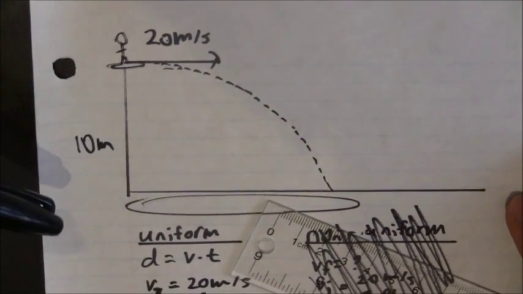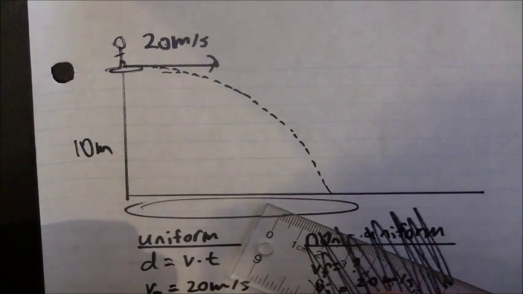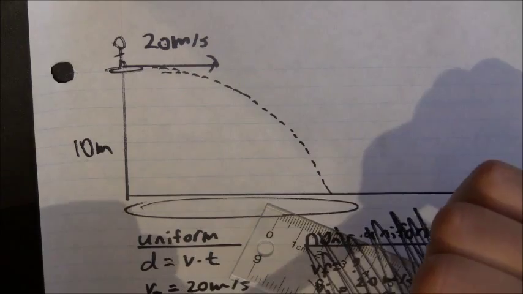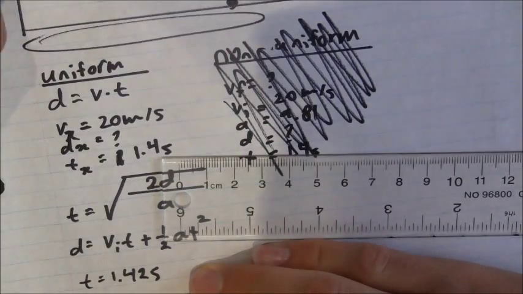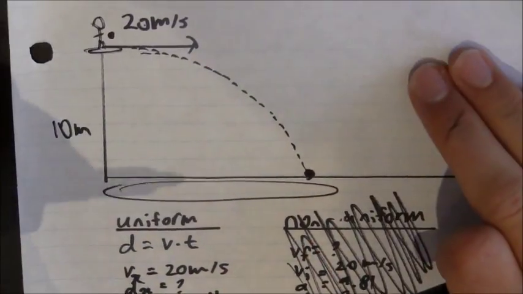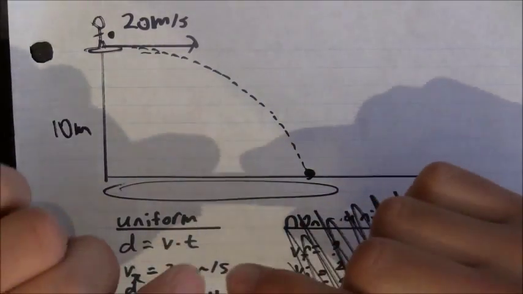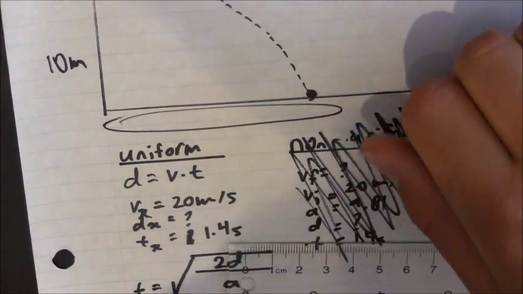Let's say I'm standing on a 10-meter tall platform and I throw something off at a speed of 20 meters per second. How far will it land from the base of the 10-meter platform? So there's just one concept that I found interesting.